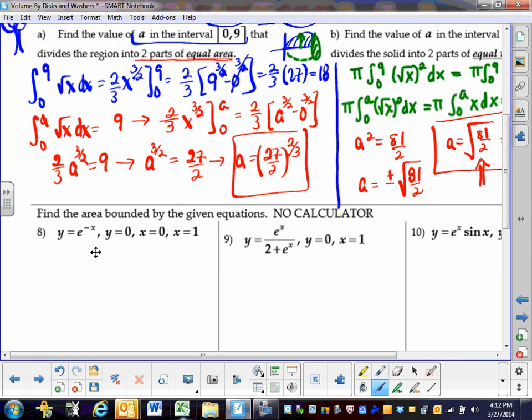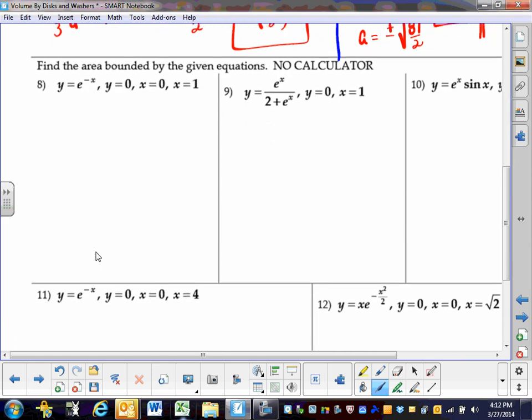Now I wanted to do some extra practice on area for E, because we struggle with this sometimes because of the algebra involved with the E. So if I do growth and decay, I have to know what those look like. So if I'm looking for the area between, just doing area, E and 0, that's really E to the negative x minus 0, from 0 to 1 dx.